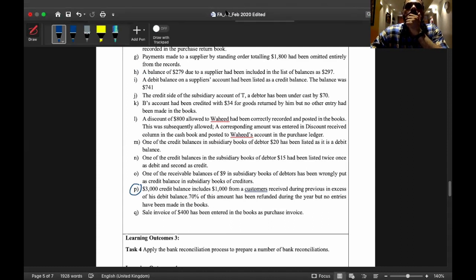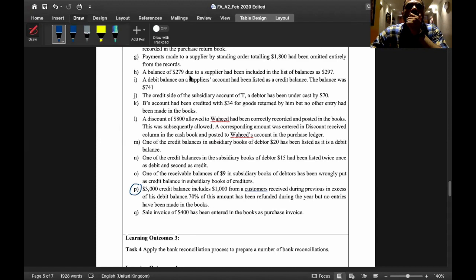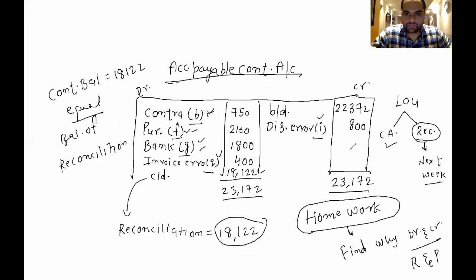So where can we write it? Let me check. It's an individual transaction, which is part of your reconciliation.